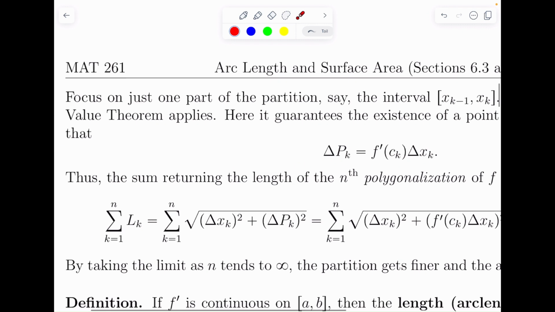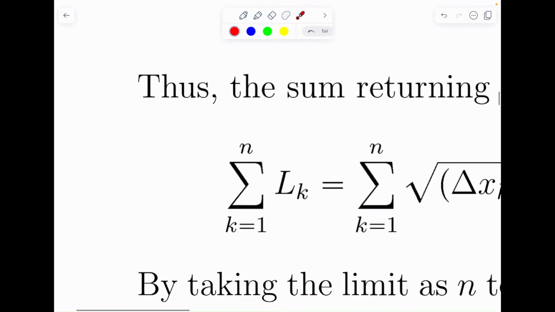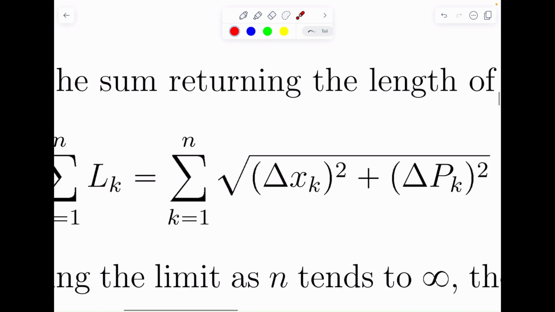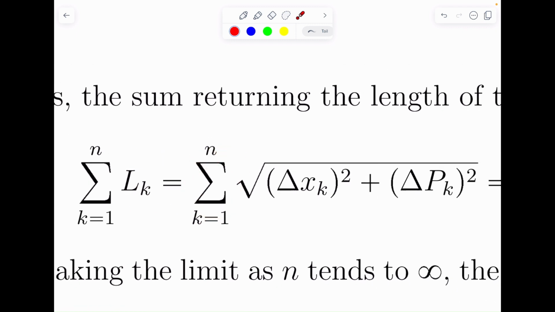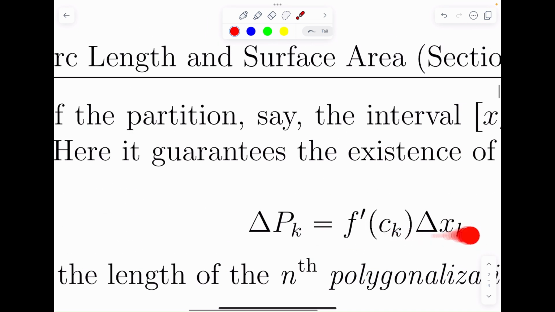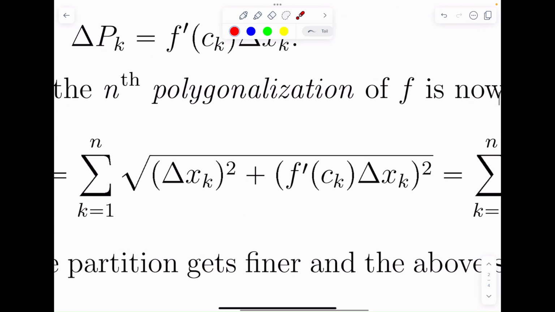And here's what I can say. This value, the length of the polygonalization, the sum of the individual LKs, the lines, we know is equal to the sum of, this is the square root we get from the distance formula. I'm going to swap that delta pk out for its new formulation right here, and when we do that, I get this.